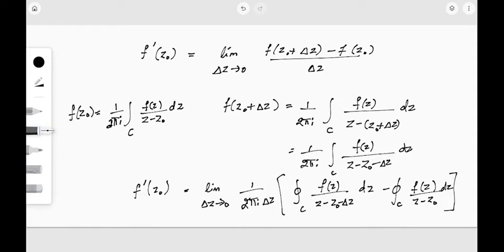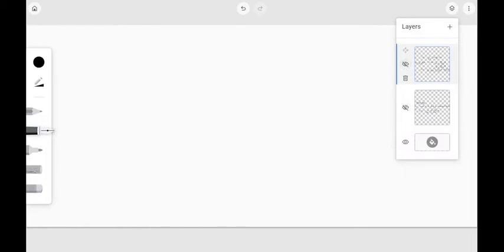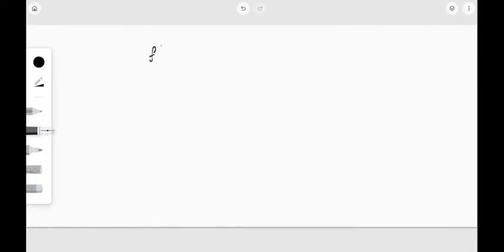So again, simplifying this further, that is taking the LCM and simplifying it, what do we get? I get f dash of z dot will be equal to limit delta z tends to 0, 1 by 2 pi i into delta z into integral over c.